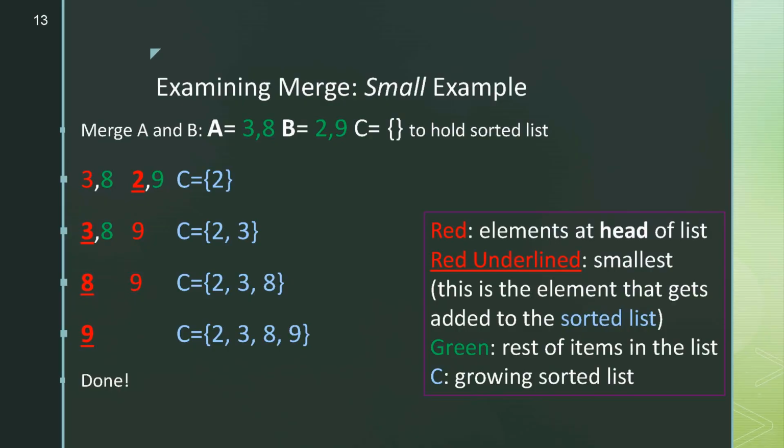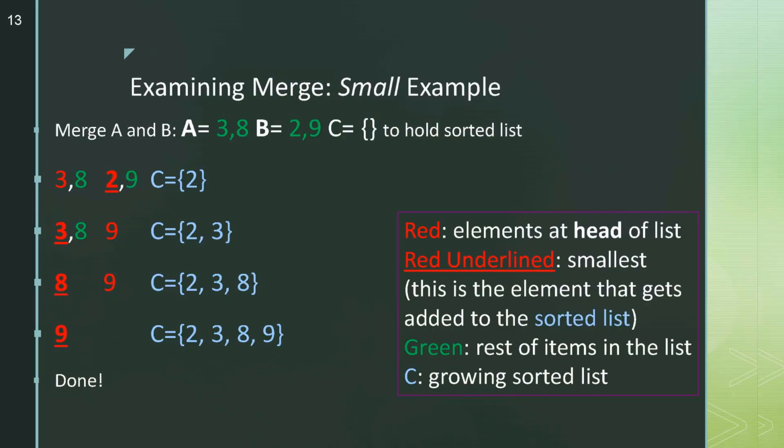Then 8 and 9, 8 is smaller, I move 8 into the result list C. And then this is where we come to the algorithm that says, if one of the lists is empty, move the rest of the other list into the result. In this case, I have only one item in list B left, so I just move that to C. As you notice, C now holds the final result, sorted 2, 3, 8, and 9. We are done at this point.